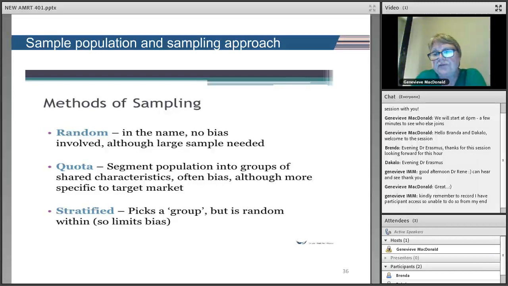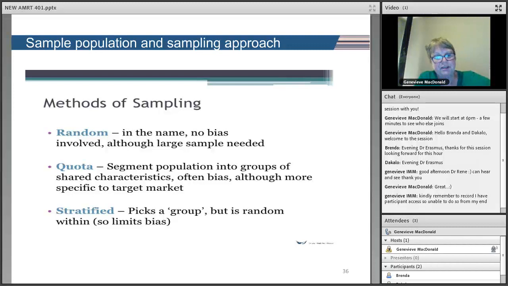This is only a few of them. Please go back to your handbook and look at the sample population and the sampling approaches. You've got random, where you throw names in a hat, or you take the telephone list and pick every 10th person, whatever, or you use a quota.